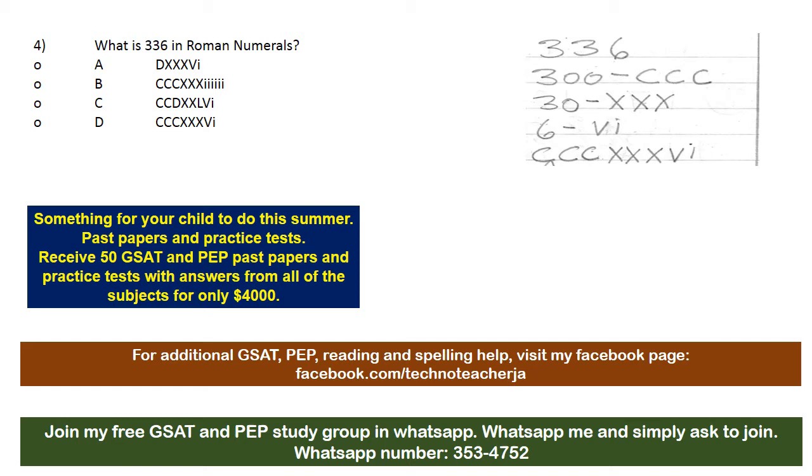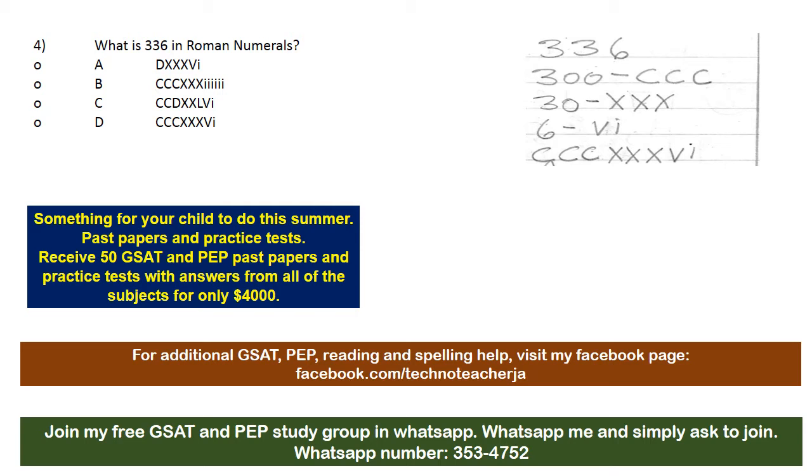Let's go to the next rule. The next rule says, if the value of a letter is less than the value of the letter to its right, subtract. This is the opposite of what we just did.